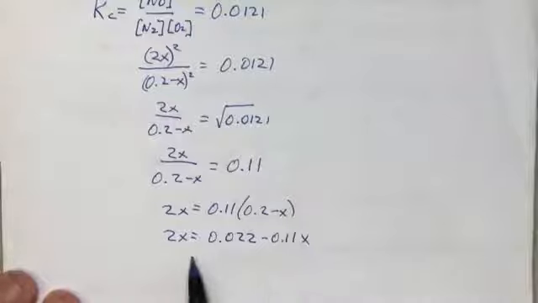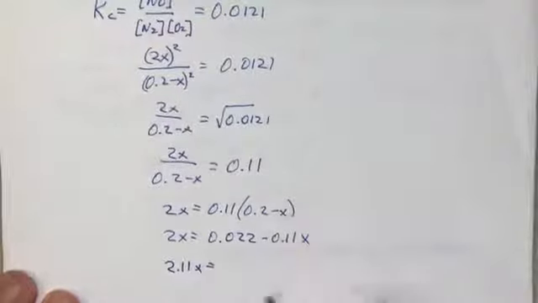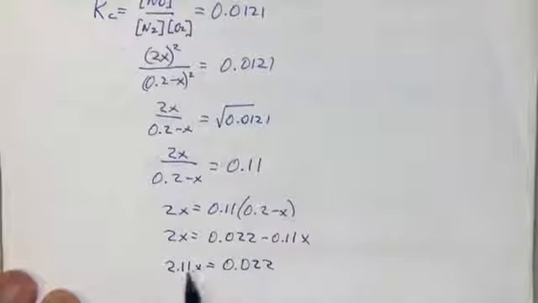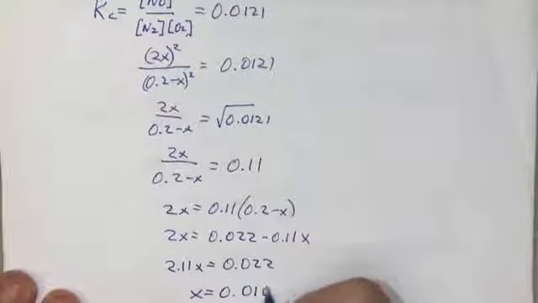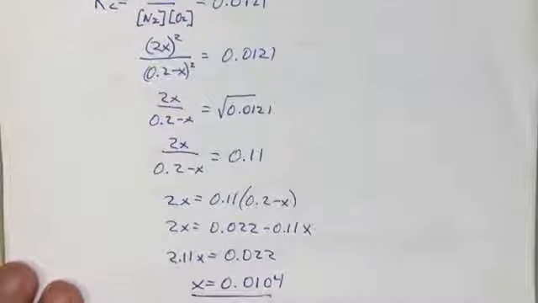I'll add 0.11x to both sides, and that would be 2.11x equals 0.022. So we divide both sides by 2.11, and x calculates out to be 0.0104. That's the value of x at equilibrium.